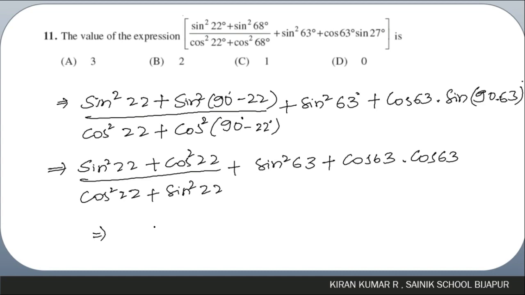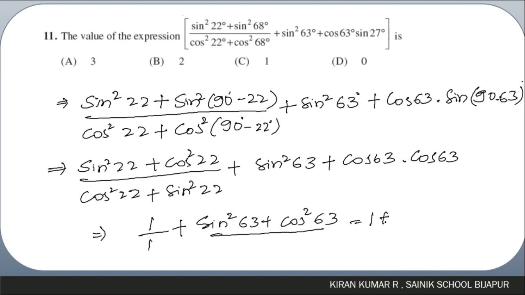This is nothing but 1 upon 1 plus sin square 63 plus cos square 63. Now the sum of these two will be 1. We get the result as 1 plus 1, which is equal to 2. Option B is the right answer.